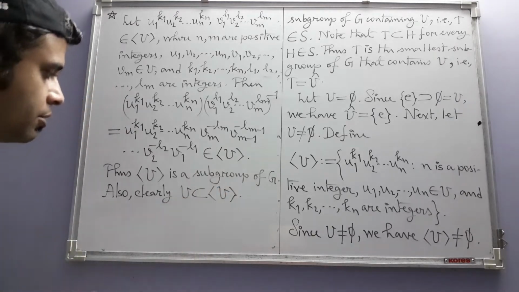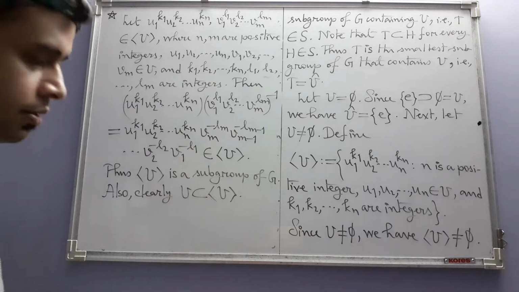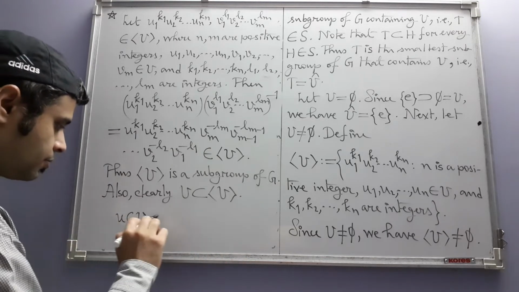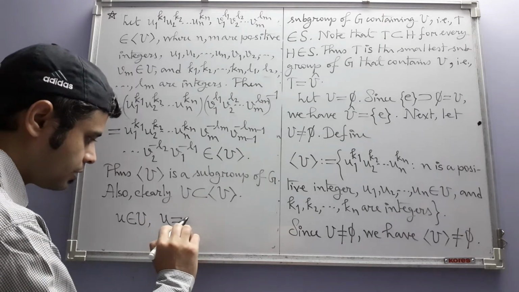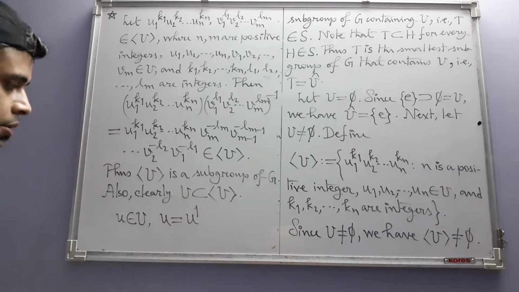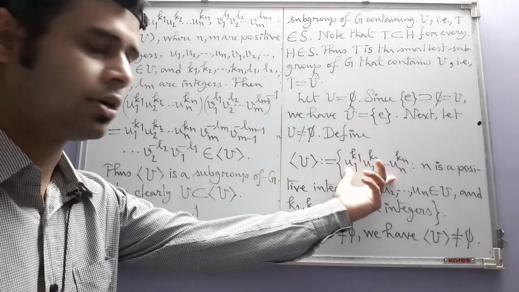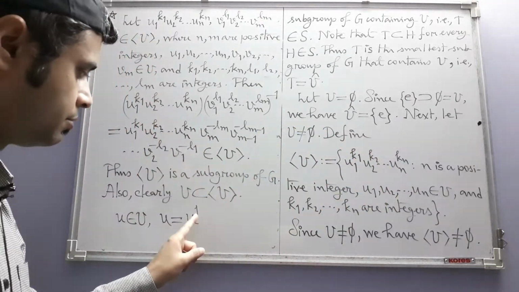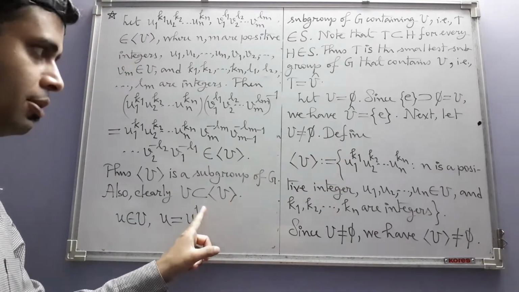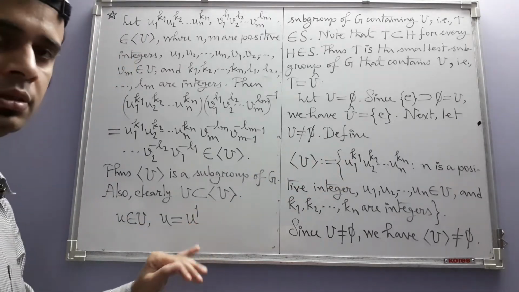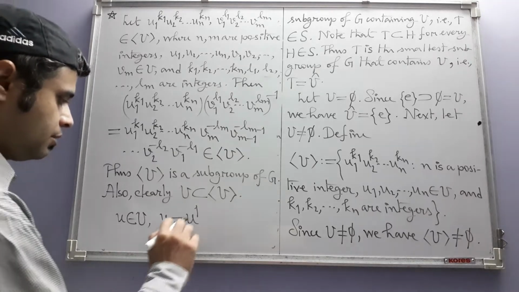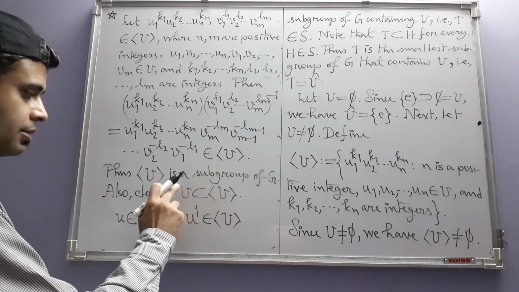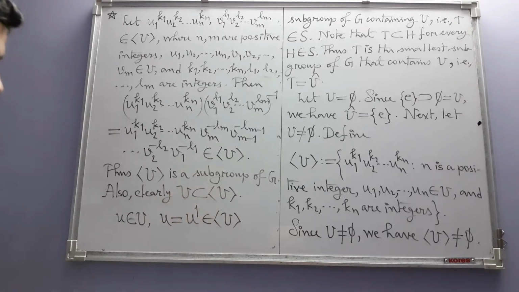Why? Because if you take any element of U, say u belonging to U, then u can be written as u to the power 1, which also has this form. In this case, n is 1, k1 is also 1, and u1 is u. So that's why this belongs to this, and that's how we get this inclusion.